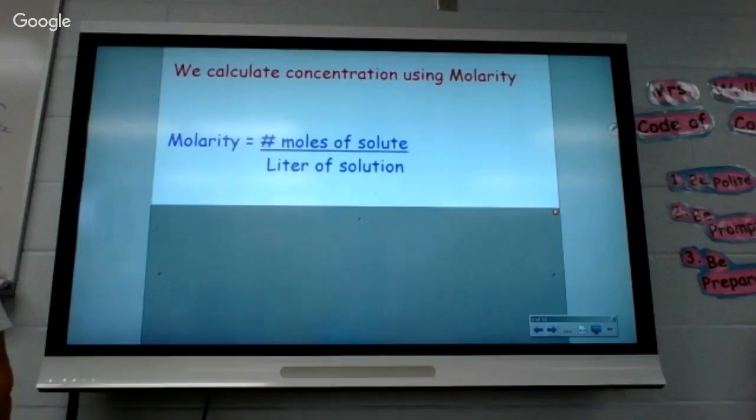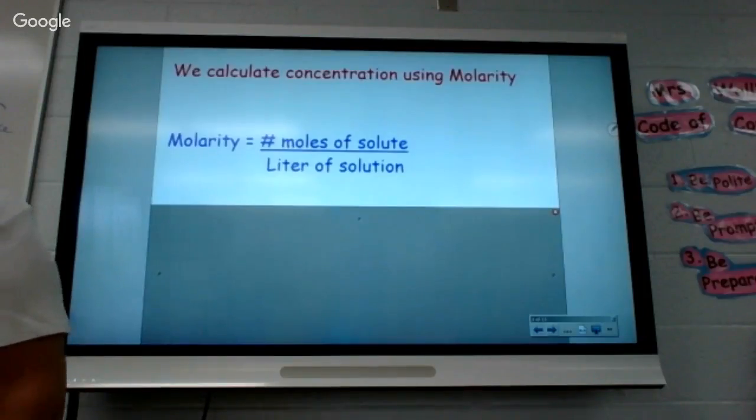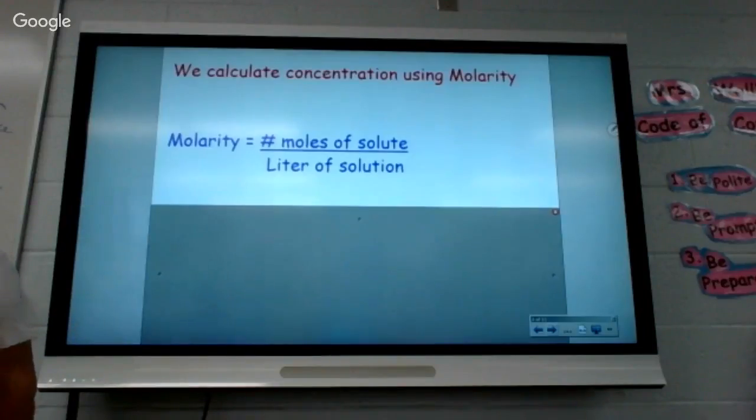Everybody in here can change liters to milliliters or milliliters to liters. Even if you can't do the King Henry died very well, milliliters to liters, we divide by what?